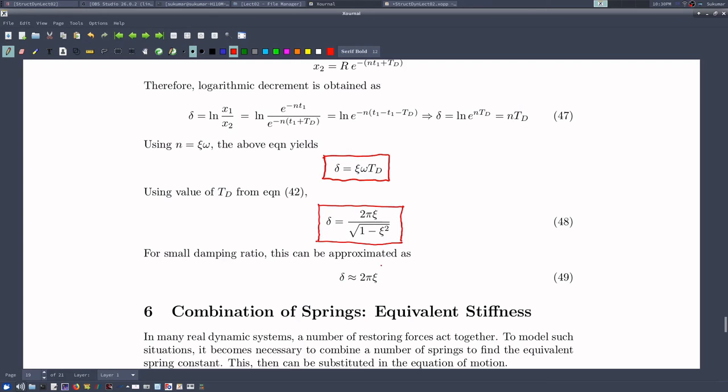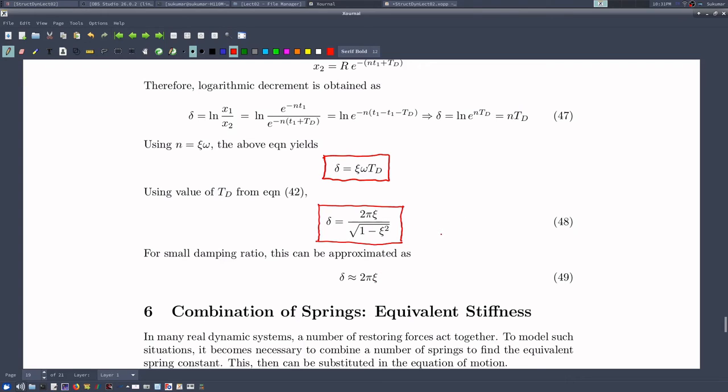All right, so this is how we can find out another measure of damping, which is logarithmic decrement. It is defined as natural logarithm of amplitudes of two consecutive cycles of motion in a damped free vibration, and that is related to the damping ratio as per this equation 48 here.